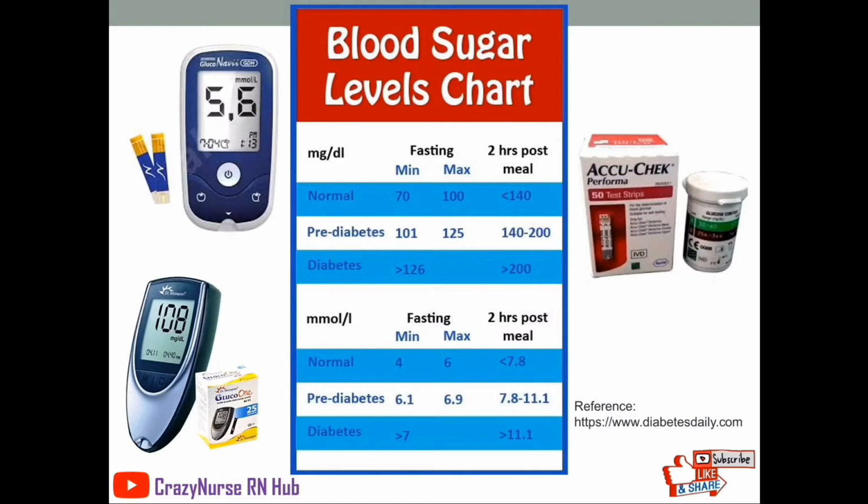We also have the equivalent millimole per liter values here. So these are the blood sugar levels that you would consider if your patient is normal, has a pre-diabetes state, or a diabetes state.